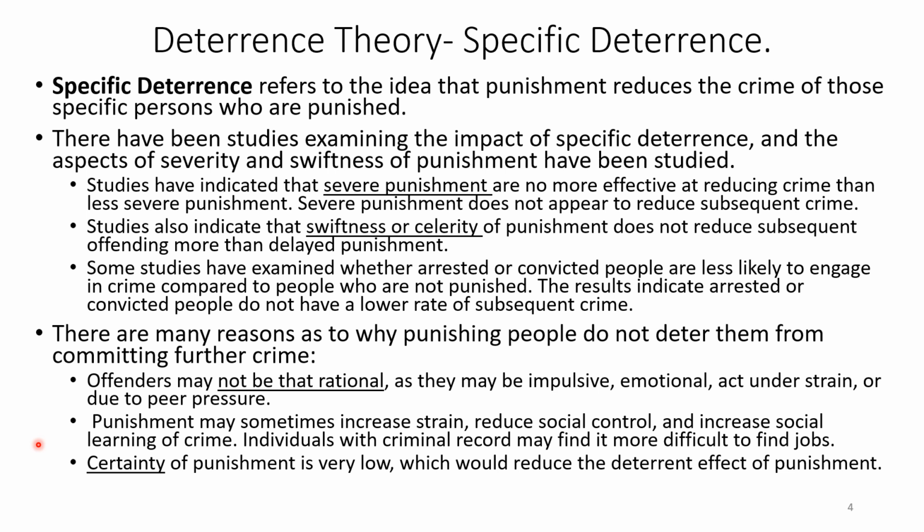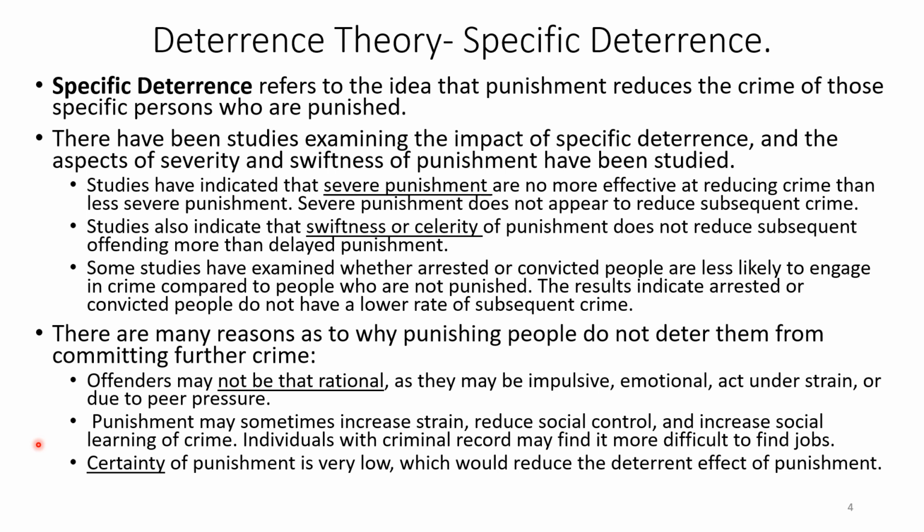Punishment and time in jail or prison may also result in increased learning of crime and psychological transformation, which may result in normalization of criminal behavior. This can also result in reduced social control by families and the larger community.